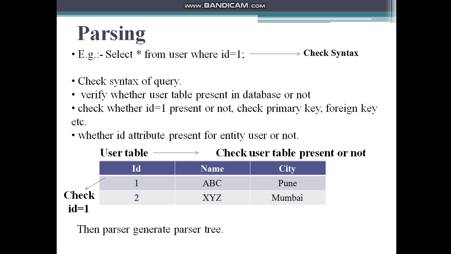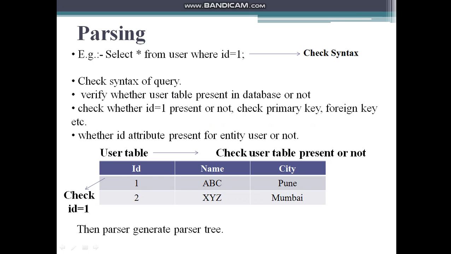So let's see first what is parsing. Parsing means, suppose for example, select star from user where id equal to 1. So this is a query, right? What does parsing do? It checks the syntax of the query. It checks whether the user table is present in the database or not, because here you mention select star from user.